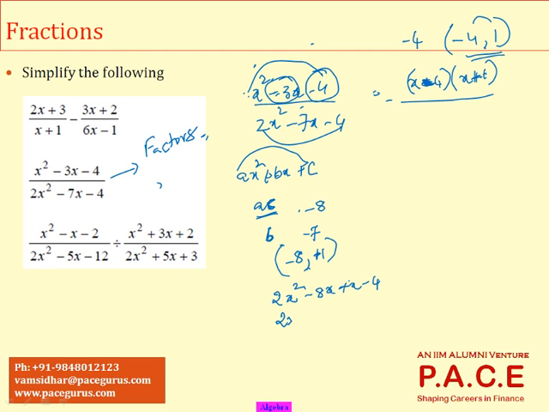Now you take 2x common out of the first two. It becomes x minus 4. You take 1 common out of the last two, and you get x minus 4. Now you take x minus 4 out and you say 2x plus 1. So this becomes x minus 4 into 2x plus 1.